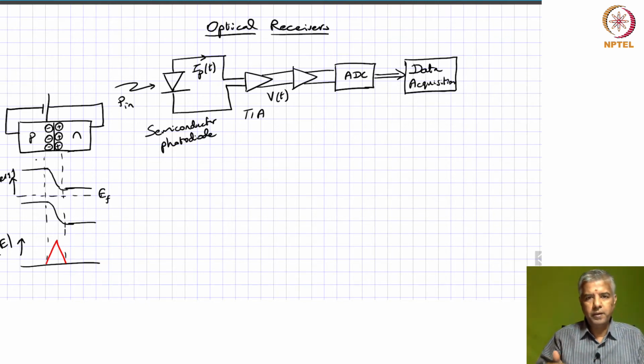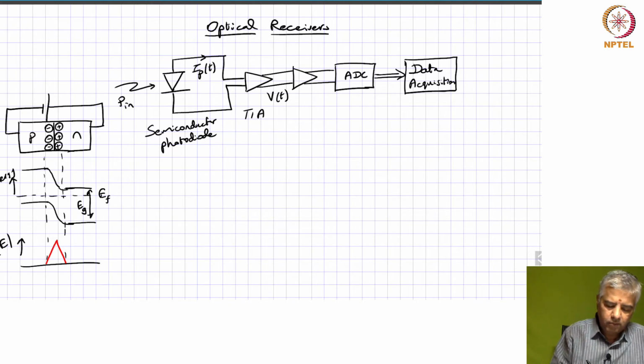So now we will look at the mechanism for light absorption, right? How it works like a detector. Well, we know that this corresponds to Eg, that's the band gap energy, right?